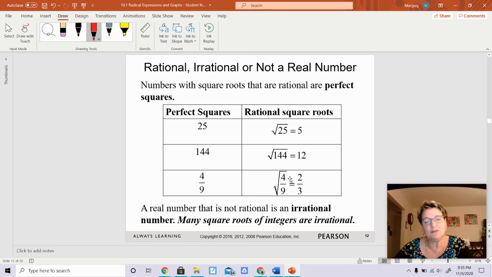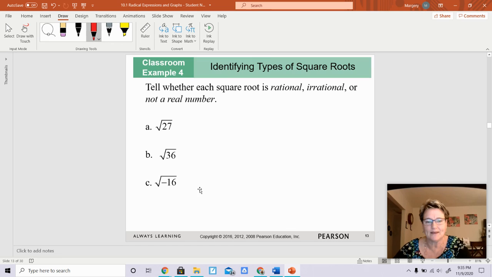So sometimes you might get like the square root of 2. That is irrational. You can plug it into the calculator, but it eventually stops in the calculator. But in reality, it just keeps on going. Alrighty? So that's what an irrational number is. And it's also in the vocabulary if you want to take a peek at that.